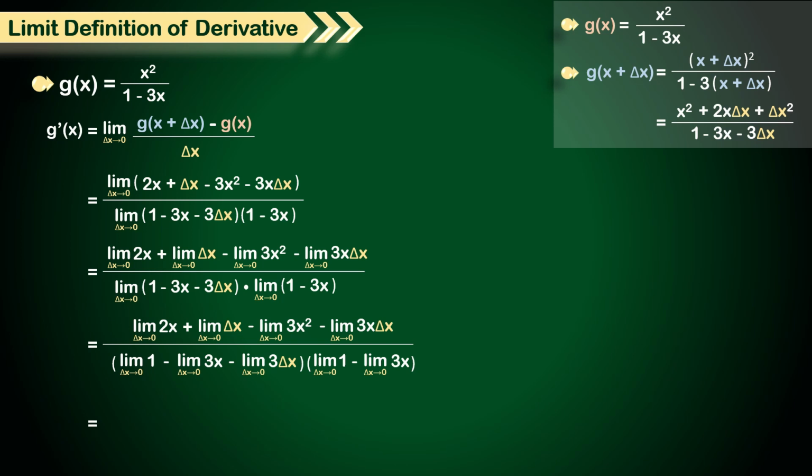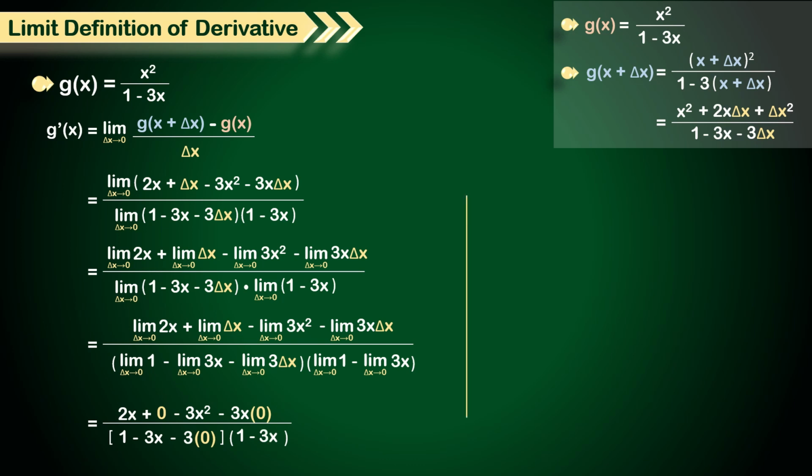Get the limit of each term. We have it is equal to 2x plus 0 minus 3x squared minus 3x times 0 over the product of 1 minus 3x minus 3 times 0 and 1 minus 3x.